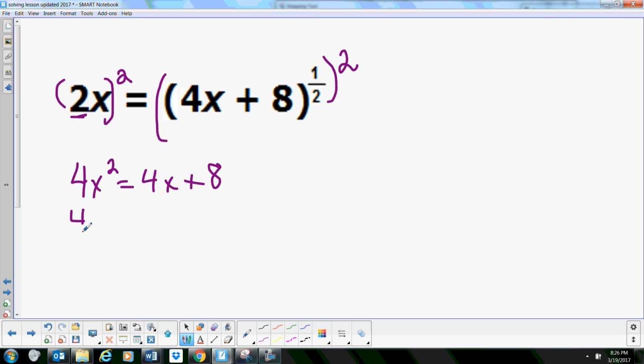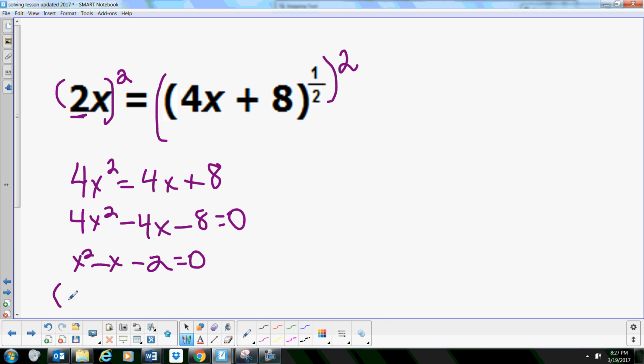We get it in descending order and equal to 0, because we need to factor it. Divide everything by 4, so we get x squared minus x minus 2 equals 0. And then what multiplies to negative 2 and adds to negative 1? X minus 2 times x plus 1. So our two solutions are going to be a positive 2 and a negative 1.